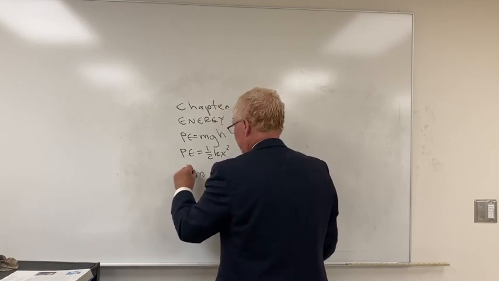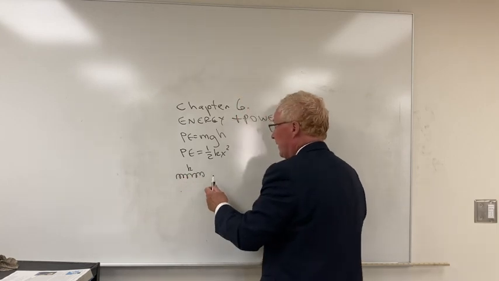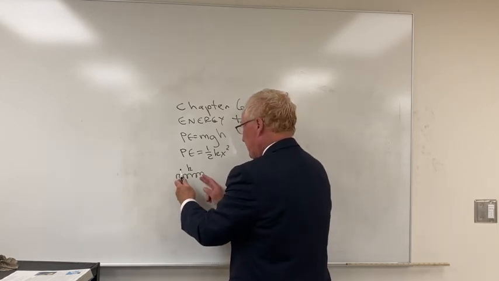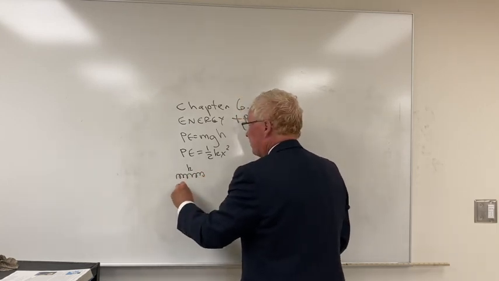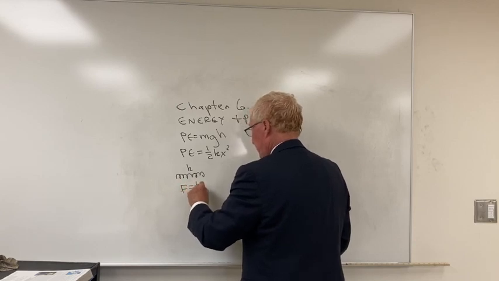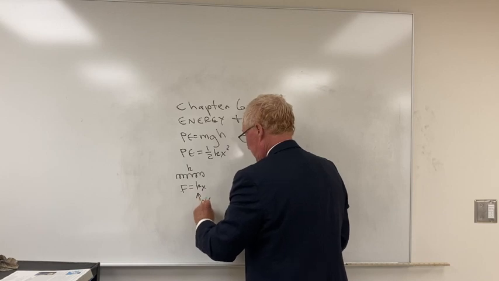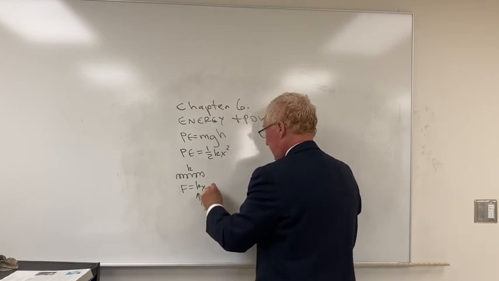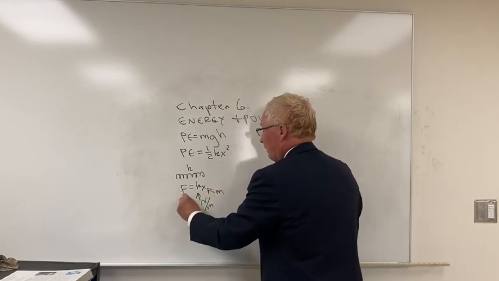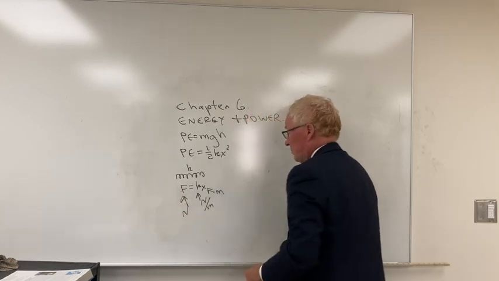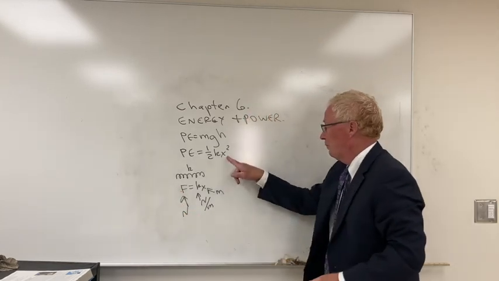For a spring, the force it takes to compress it is k times x, where k is in units of newtons per meter, x is in meters, and force is in newtons. And x is how much you compress it.